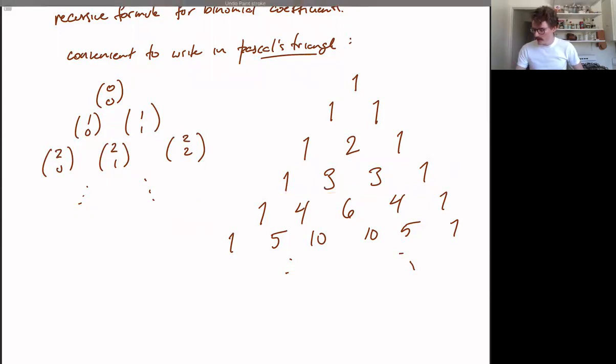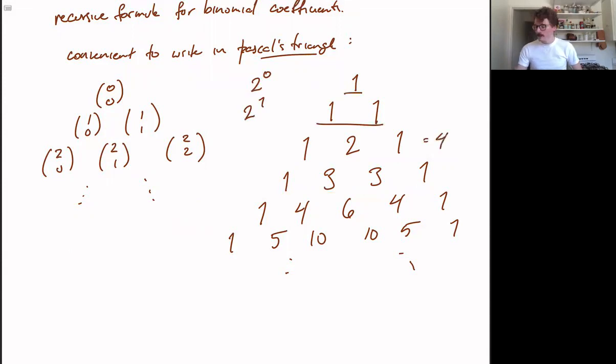So this is 2 to the 0 is 1. 2 to the 1 is 2. Checks out. 1 plus 2 plus 1 is 4. That is 2 to the 2. 1 plus 3 plus 3 plus 1 is 6 plus 2 is 8. That is 2 to the 3.